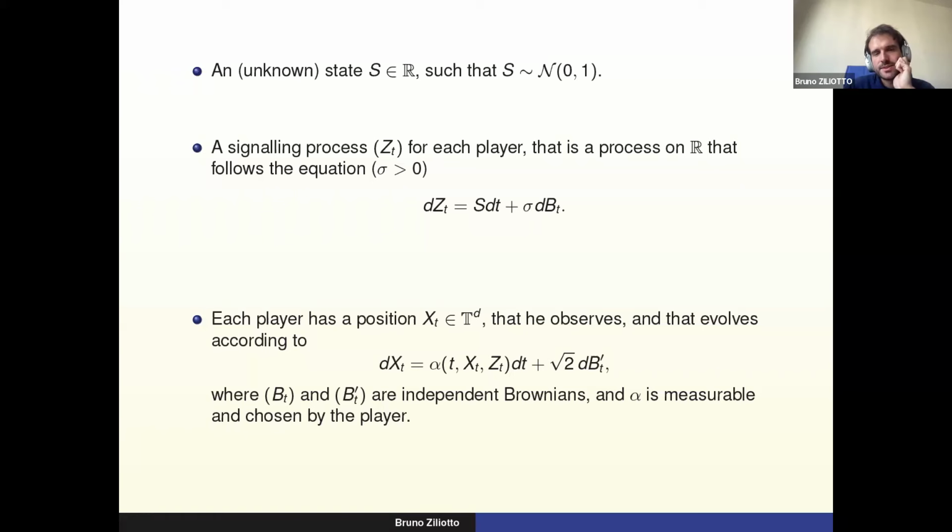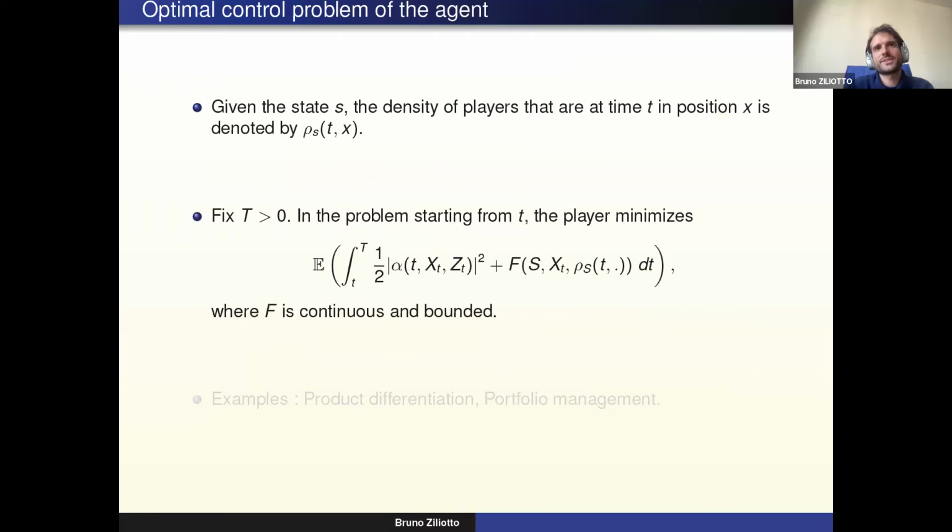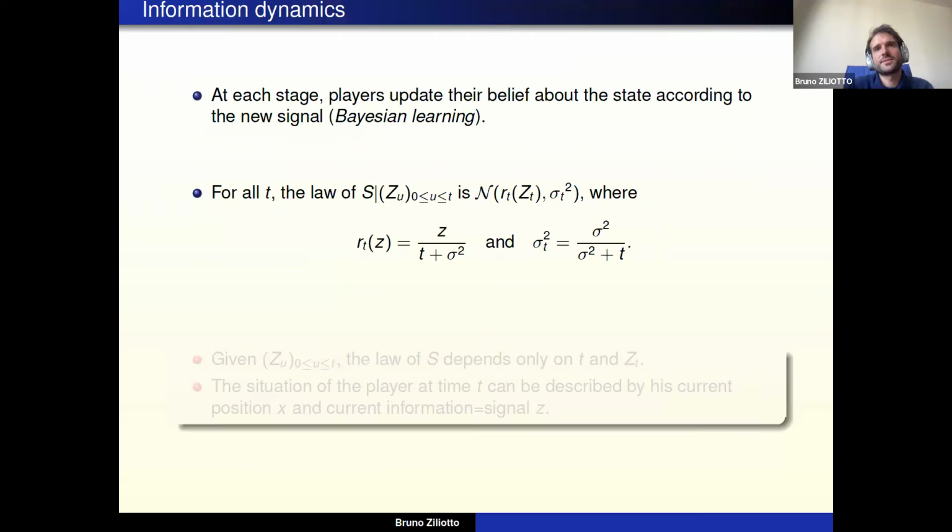And then I guess it completely changes everything in terms of what you learn from the state. You see what I mean? I think this whole thing about the fact that at the end your Z is a sufficient statistic, it all collapses, because then you observe your position and you deduce something about the state.